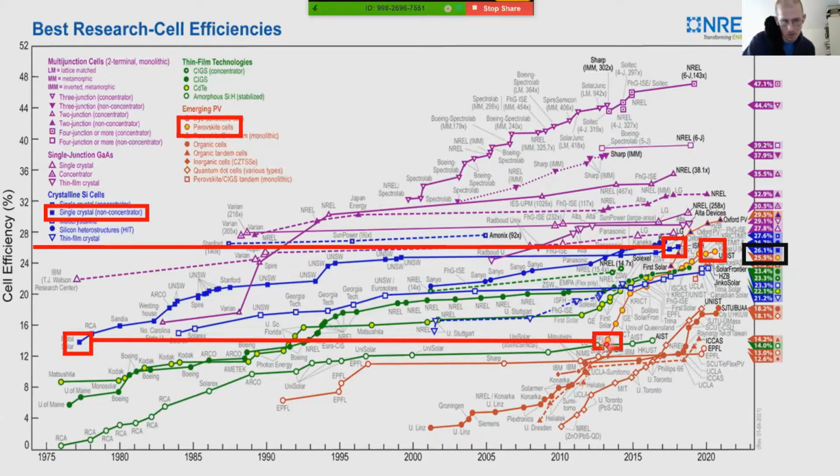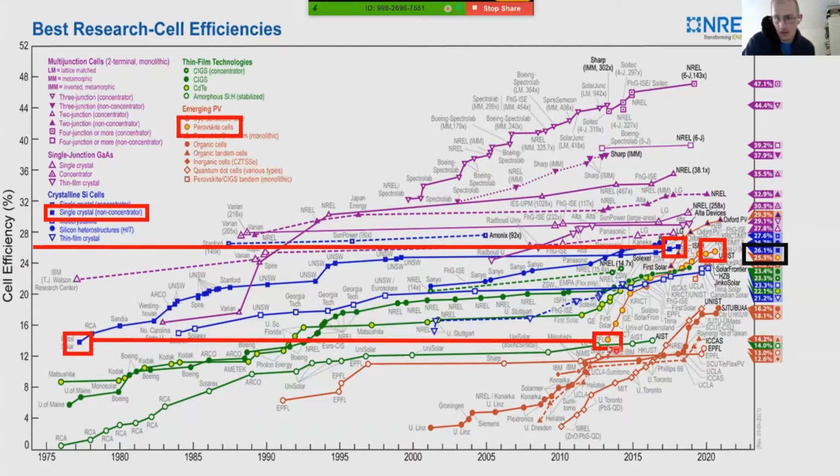So this is time, and then here we have efficiency percentages. They both start roughly around 14% when each was introduced. And here's kind of where they both are today, and they're both right around roughly 26 percent. We got 26.1 and 25.5.